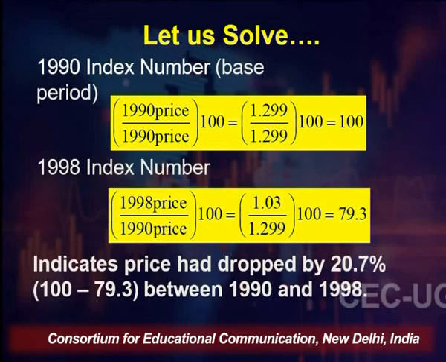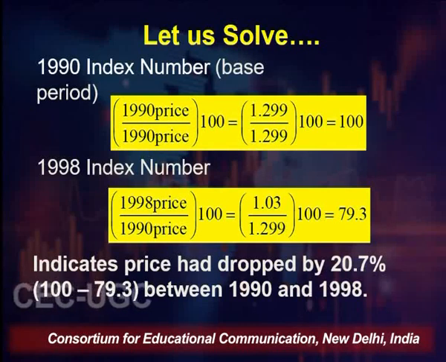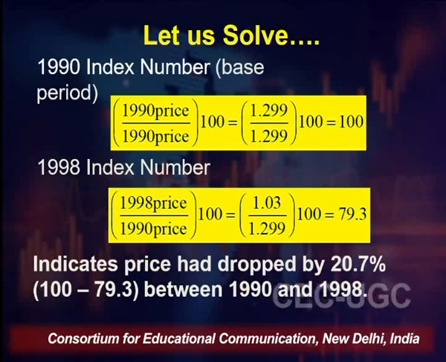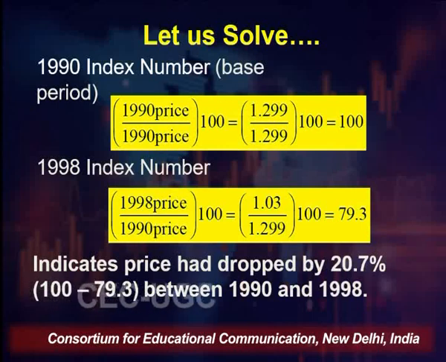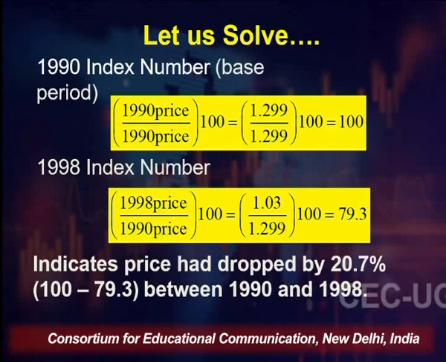Now moving on to the second set of data, when we are calculating the index number for the year 1998. Here you have to understand, my dear learners, we have taken 1998 price as numerator and the base year is your denominator, that is the price of 1990. 1.03 is divided by 1.299 and we are finding the value of 79.3.